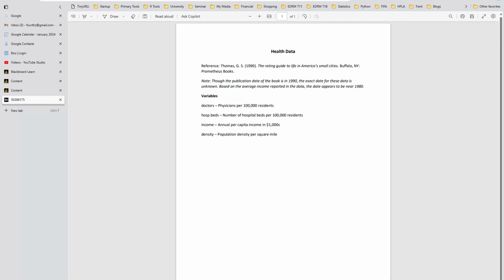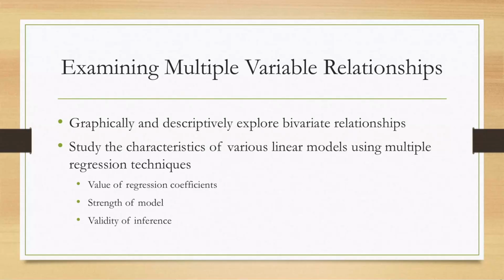Now, if this was actually my field of study, and I had these three explanatory variables, I could, in fact, propose a model based upon my theoretical knowledge of how small cities operate and the economics and the things that influence medical care and so forth. I could propose a model, and then we could potentially confirm that model. Now, we're going to keep it quite simple here, but let me go ahead and show you what I mean by that.